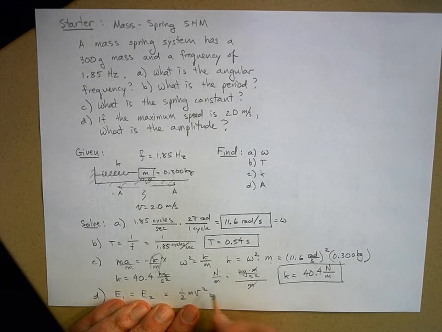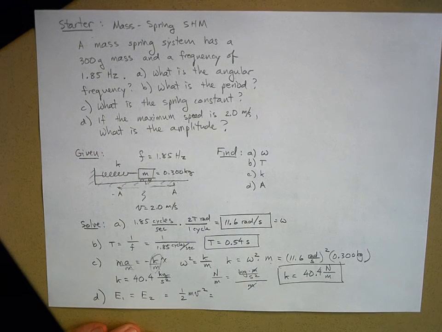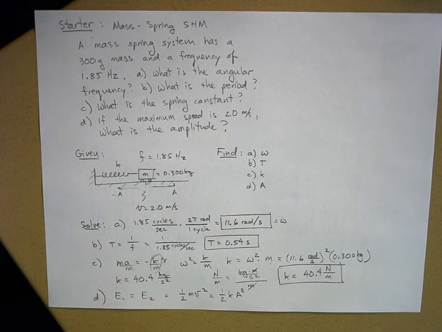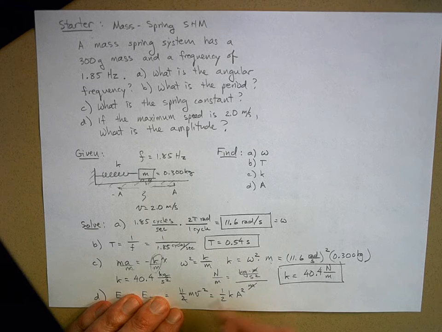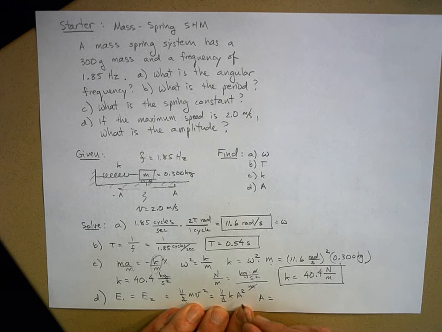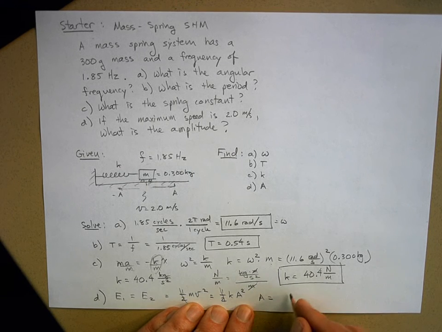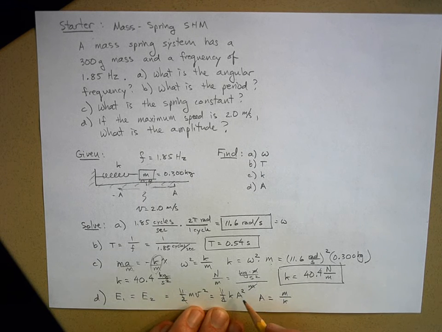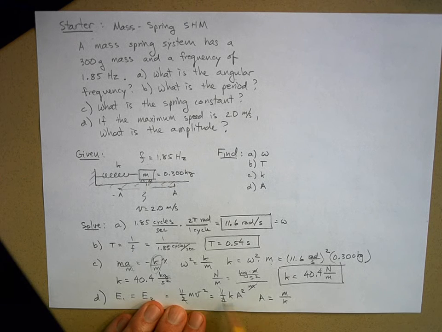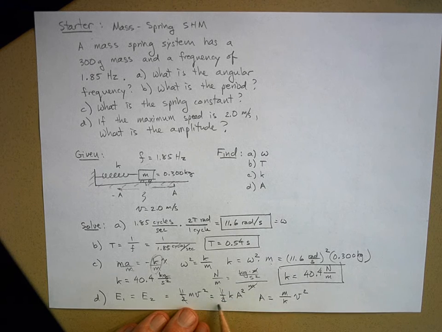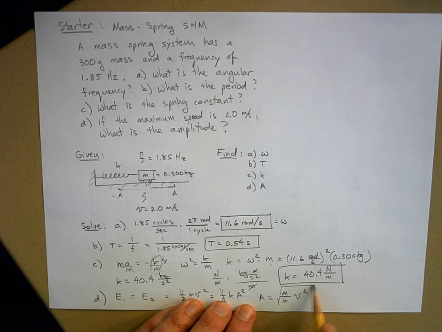And that's going to be equal to the energy stored in the spring when it's at its amplitude, and that's 1/2 K A squared. So we can get rid of the 1/2. We can solve for A. Now, A is going to be the square root of m over K times the velocity squared.